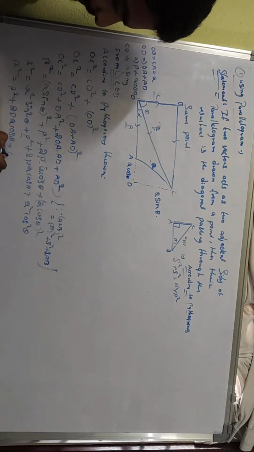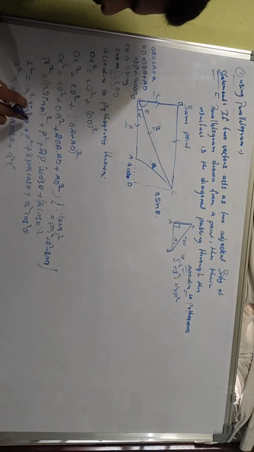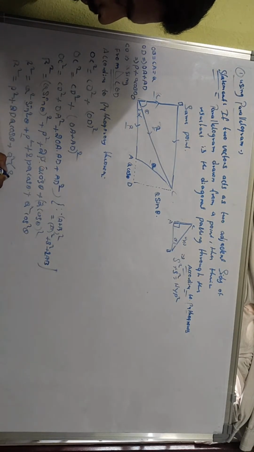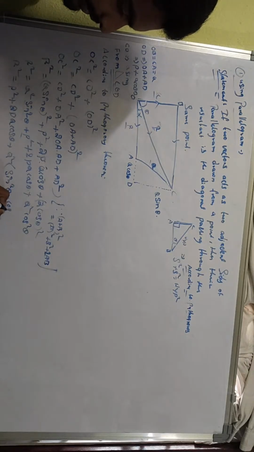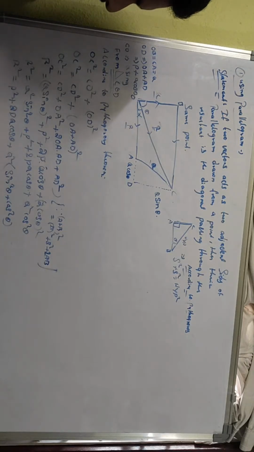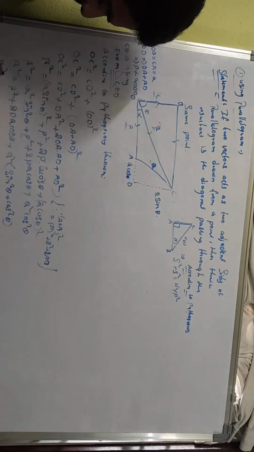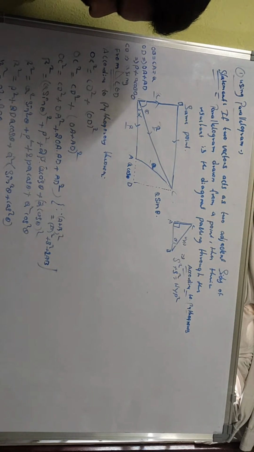What do we get here? Q square will be common, and the remaining is sin square theta. On this side also Q square is common, and the result is Q square cos square theta. So we have the formula. What is the formula?